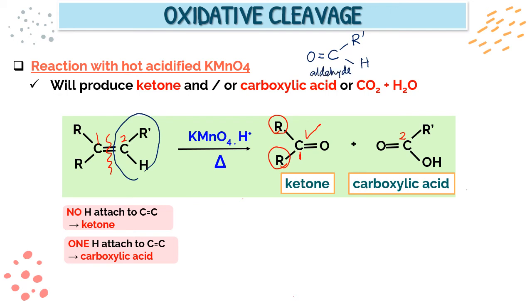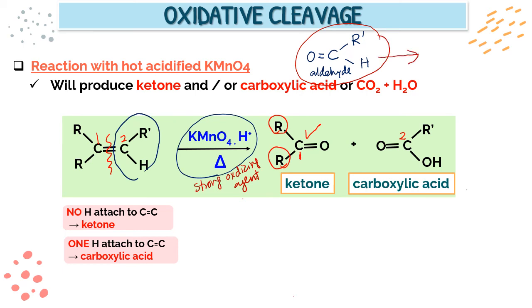But hot acidified KMnO4 is a strong oxidizing agent. In the presence of a strong oxidizing agent, our aldehyde will be further oxidized. At which part is it being oxidized? The hydrogen over here. Because in oxidation, we increase the number of oxygen and remove hydrogen.